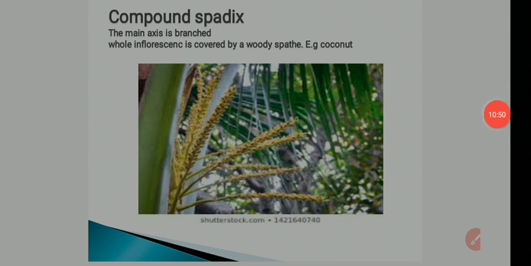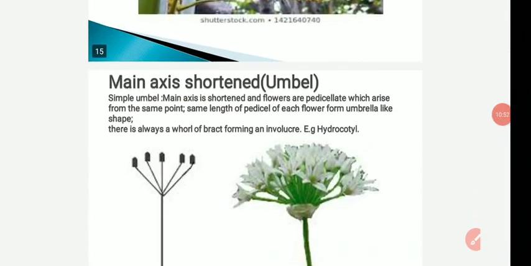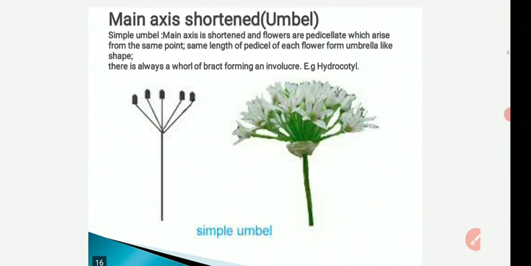Now another type of racemose inflorescence, on the basis of modification of the main axis, that is main axis shortened. In this, the first type is umbel type of inflorescence, in which all pedicels are of the same length and arise from the same point, as shown in the figure.